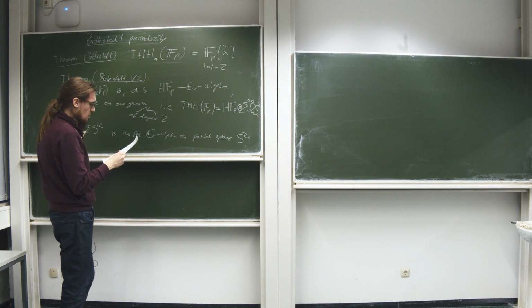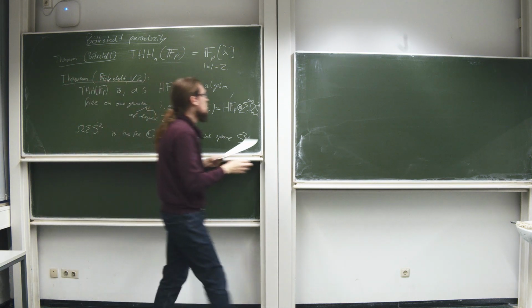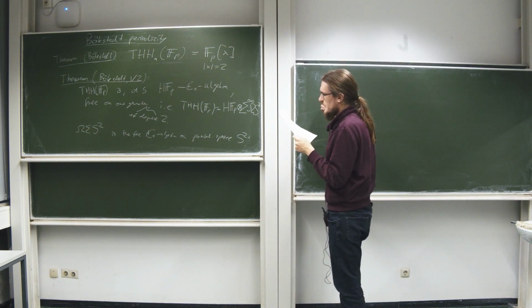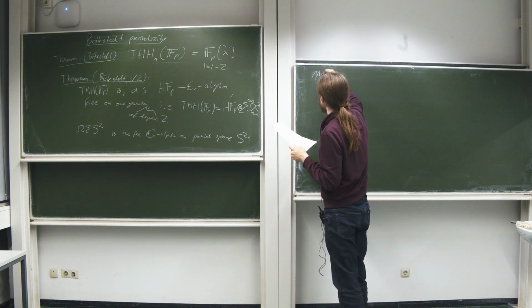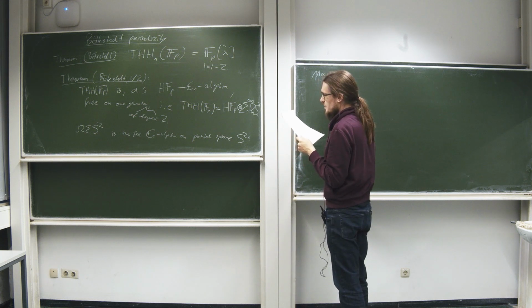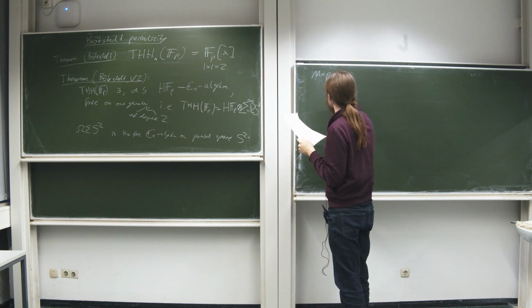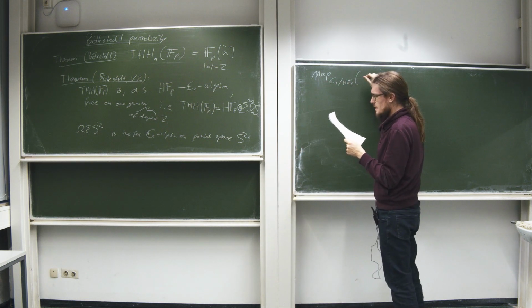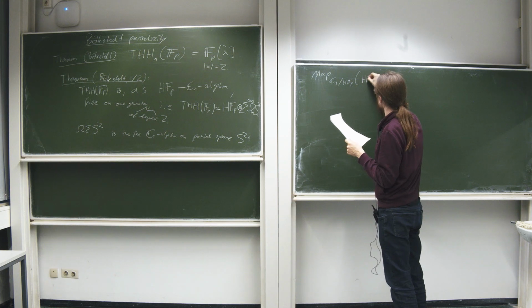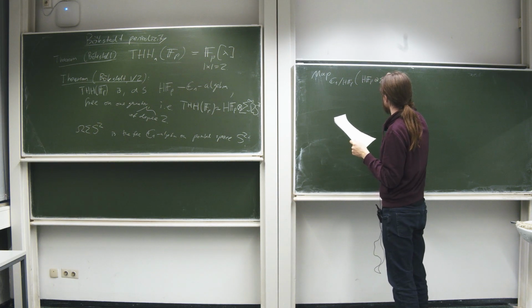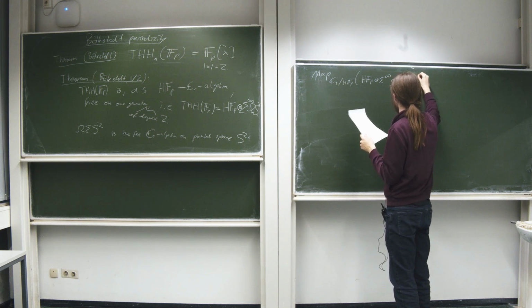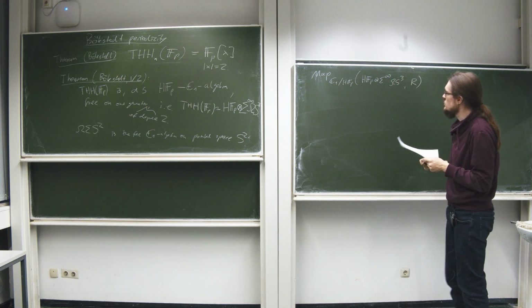And once you know that, you can check that maps out of an E1 algebra over HFp, HFp tensor sigma infinity loops S3, into another E1 HFp algebra.